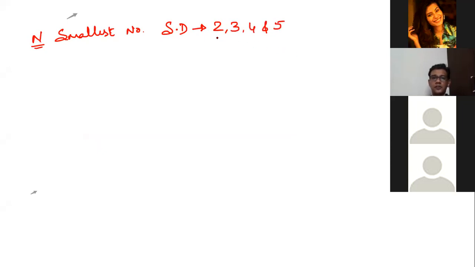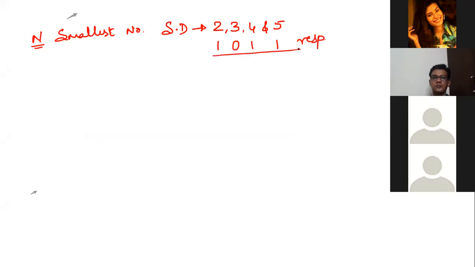Let me give you one question here. I want you to find the smallest number n, when successively divided by 2, 3, 4 and 5, leaves a remainder of 1, 0, 1, 1 respectively.